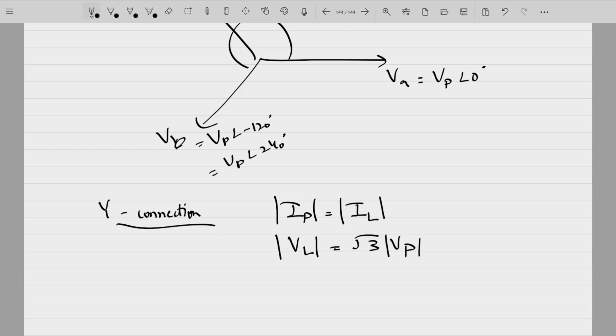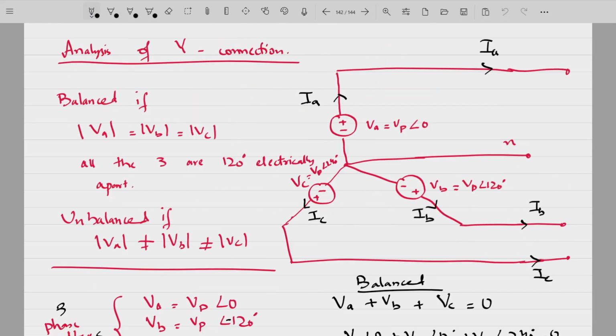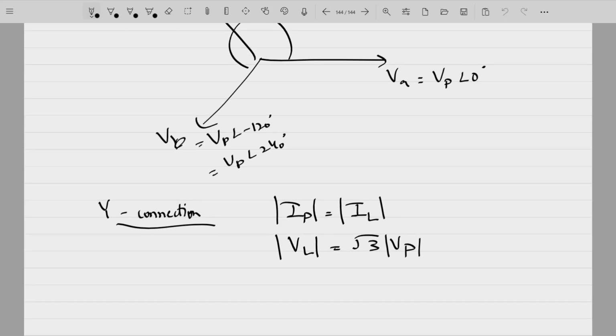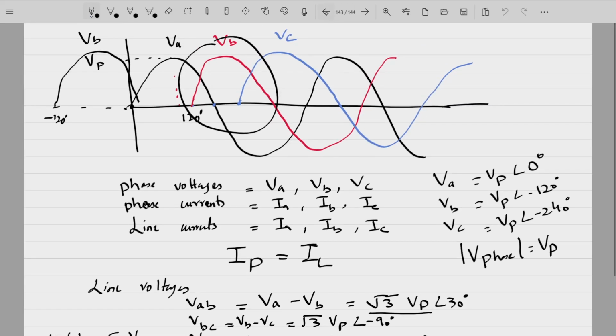So if you want to increase the voltage, what is the voltage that you are generating? You are generating VA, you are generating VB, and you are generating VC. For example, this is the voltage that you are generating. Now if you connect them in a star fashion, the line voltage that will be available to you is root 3 times. That means if you want to extract more voltage without changing any generation, you can always tap into the line voltage instead of tapping into the phase voltage. ठीक है.